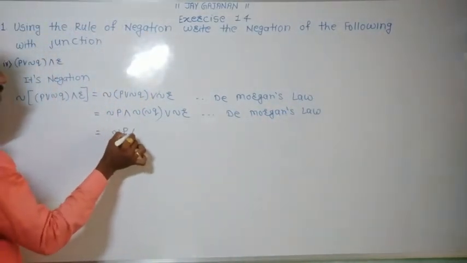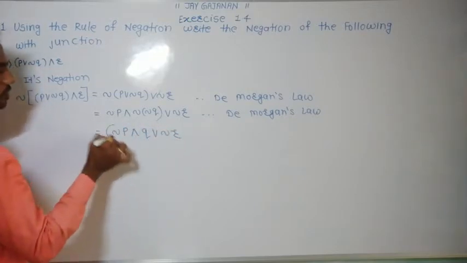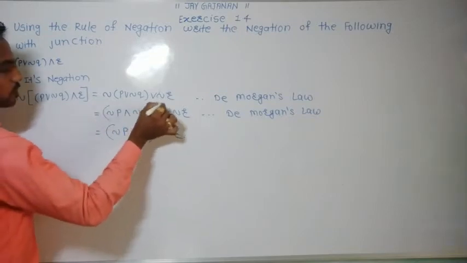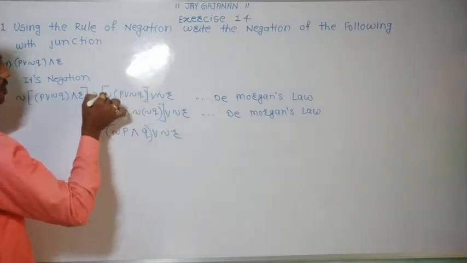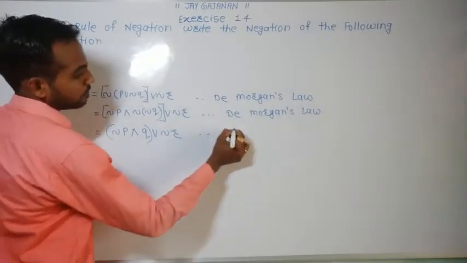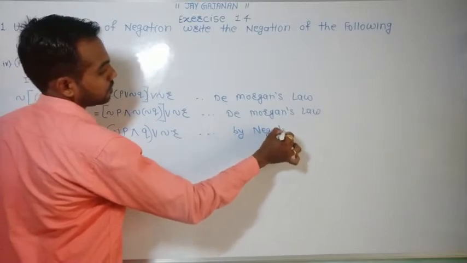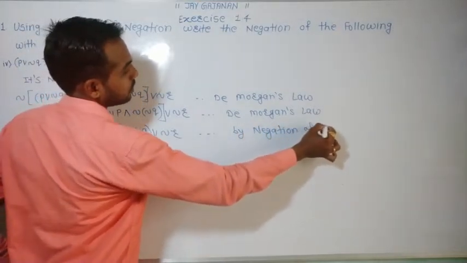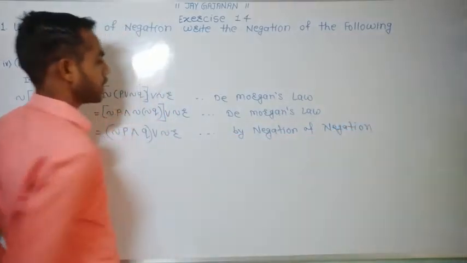It becomes negation P and Q or negation R, by negation of negation. Write down.